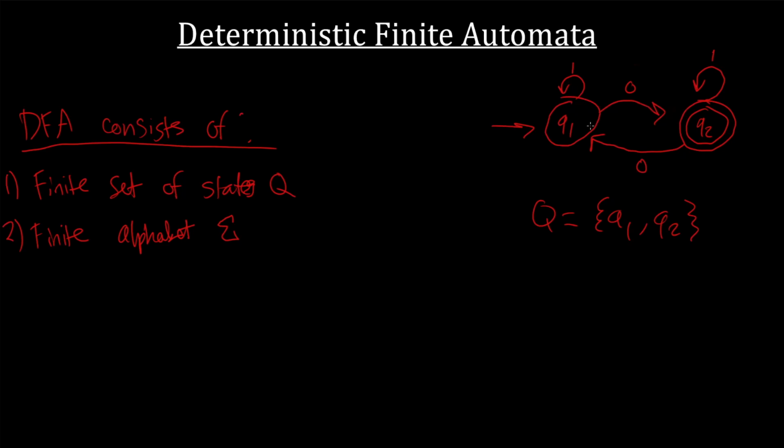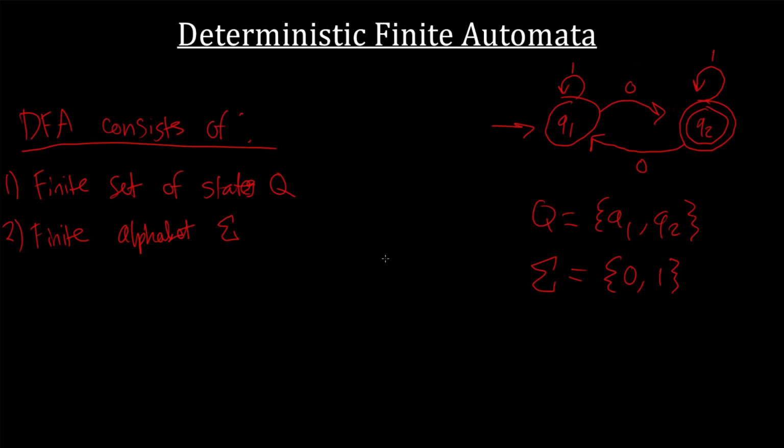So in other words, if we say wanted to read in the character A on this DFA, we wouldn't be able to do that because there are no transitions for the character A. So our finite alphabet for this example DFA is the set containing 0 and 1.